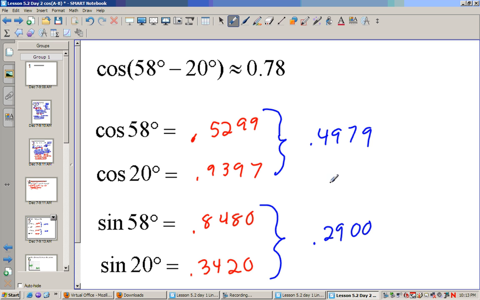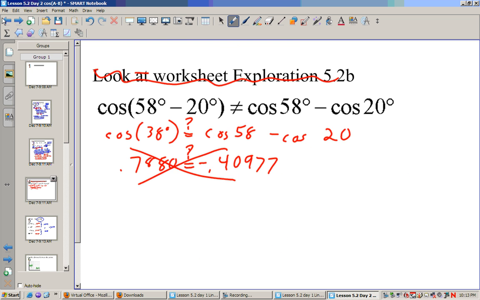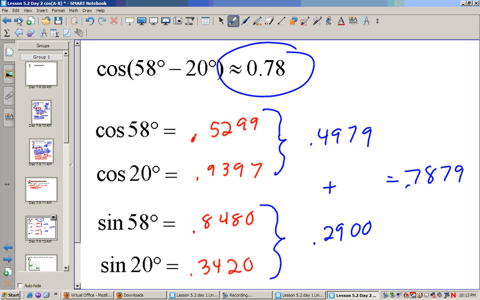Well, if we add them up, we'll get about 0.78, which is about what this answer should be. We said this is about 0.788. So there was, of course, some rounding near the end there.